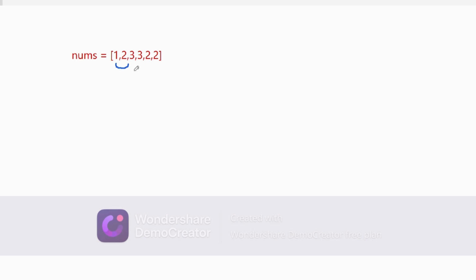If we do 1 2 3 3 3 3, but if we do the AND of this 3 and 3 subarray, basically this will give us the maximum value. 3 AND of 3. So our answer should be 2. So 2 would be the longest subarray which will produce the maximum value of the bitwise AND.